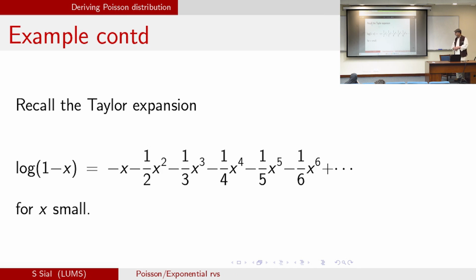For small x, we have the result that the logarithm of 1 minus x is equal to this infinite series. And if you haven't seen Taylor series, that's all right. You will just take that on faith for now, for very small x. That's how you could get the logarithm of 1 minus x as an infinite series.